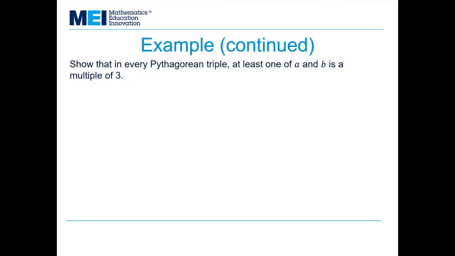Now the next part of the question asked us to show that in every Pythagorean triple, at least one of a and b is a multiple of 3. So it might be a good idea here to consider the squares mod 3.